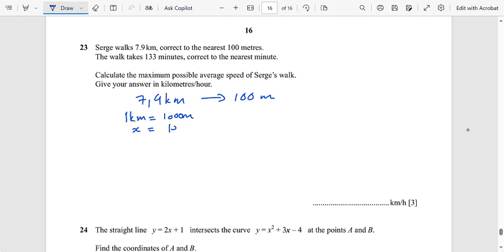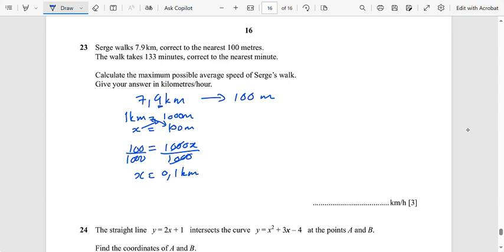So we need to find the equivalence of 100 meters. I can cross multiply to get 1,000 x equals 100, then divide by 1,000 on both sides. So x is equal to 0.1 kilometers. So 100 meters is 0.1 kilometers. They seem to have rounded off to one decimal place.